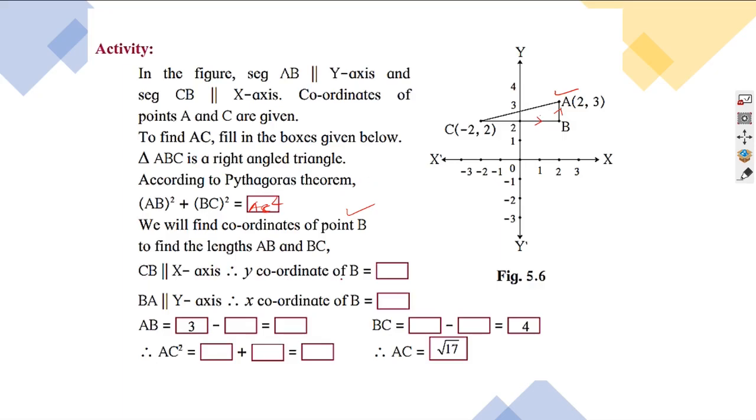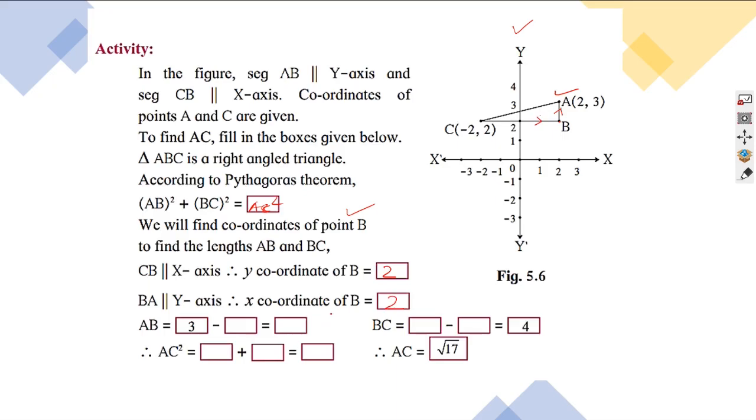What will be the y coordinate of B? This is B. The y coordinate of B on the y-axis is 2, correct? Then the x coordinate of B, you have to count from here to here, that also is 2.